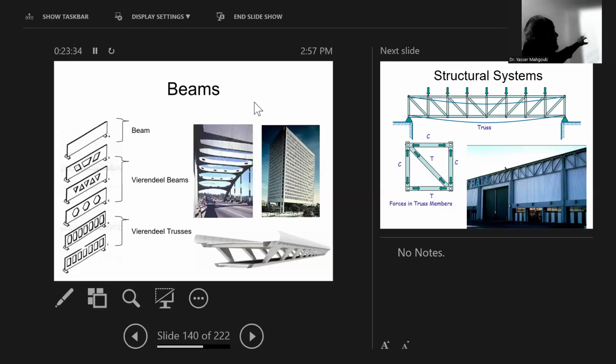After the beam, if we want to have larger spans, 20, 30 meters, then we go to what we call Vierendeel beams. These are large span beams that can cover large spans without any columns in the middle. And this is called a Vierendeel beam. If the beam gets very high to become one floor, 3 meters, then we call it a Vierendeel truss.